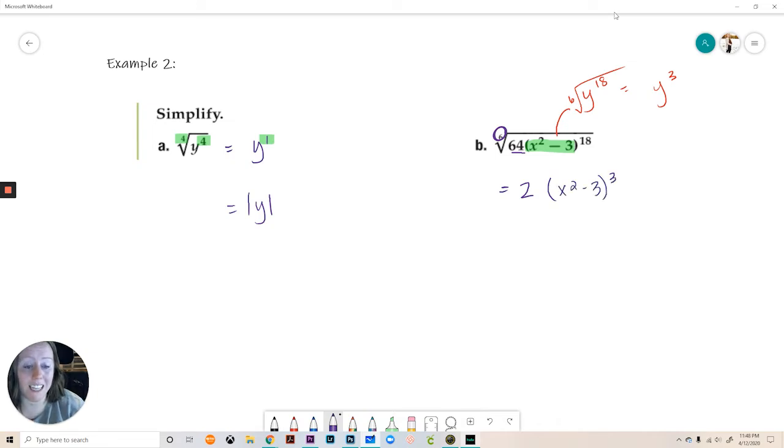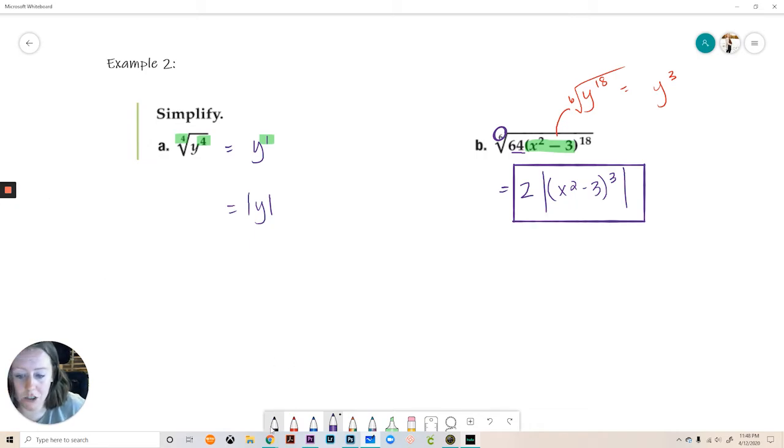However, again, because I took an even root of an even power and I ended up with an odd power, I ended up with 3 as my exponent, I would use absolute values around this piece right here. So the simplified version of that is 2 times the absolute value of x squared minus 3 to the third.